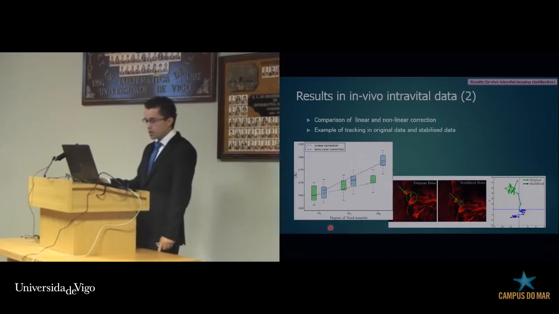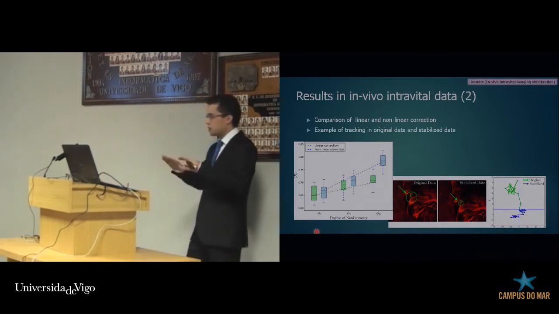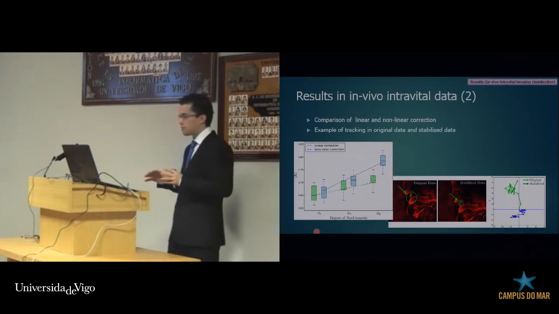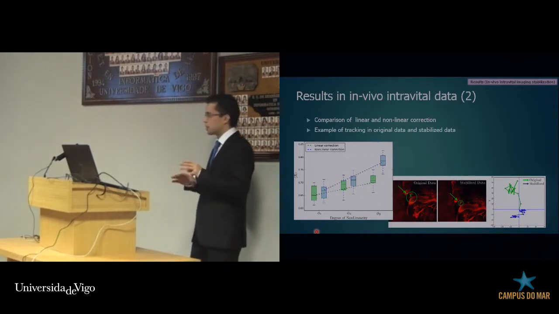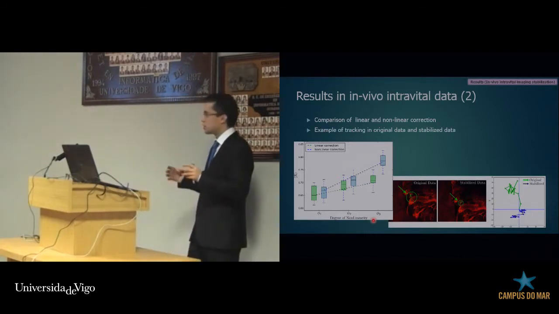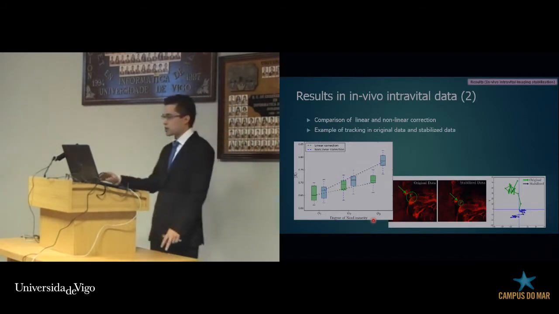Here in this figure, I think it's really interesting because we have three types of data: Phi1, Phi2, and Phi3. Phi1 is data with only linear displacements. In Phi2, you have some endogenous movement, but not a lot. And in Phi3, you have a lot of endogenous movement with compressions and stretching.